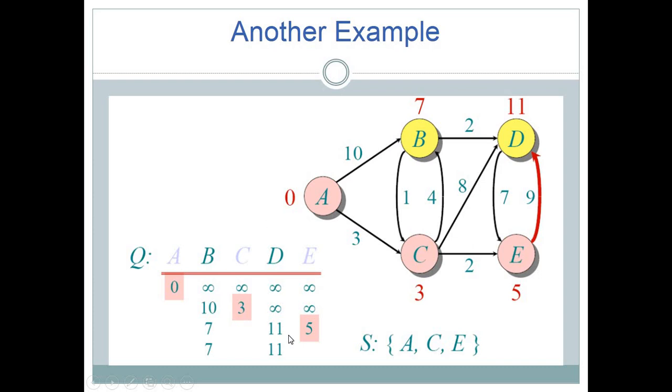Okay, so this is done by using 5. So again we will add E into our set.